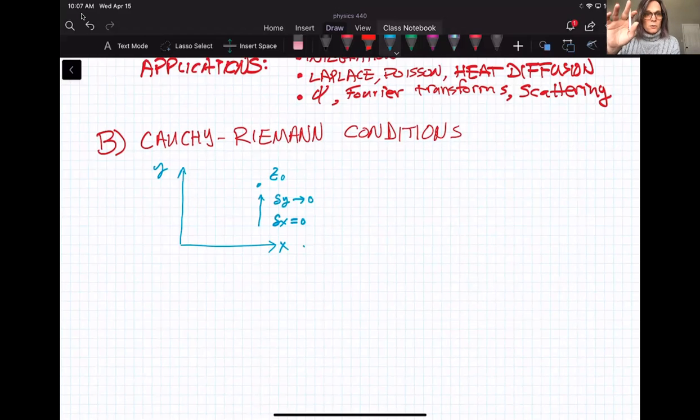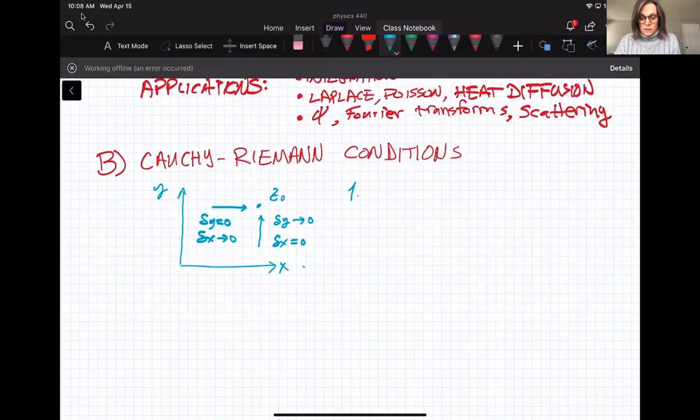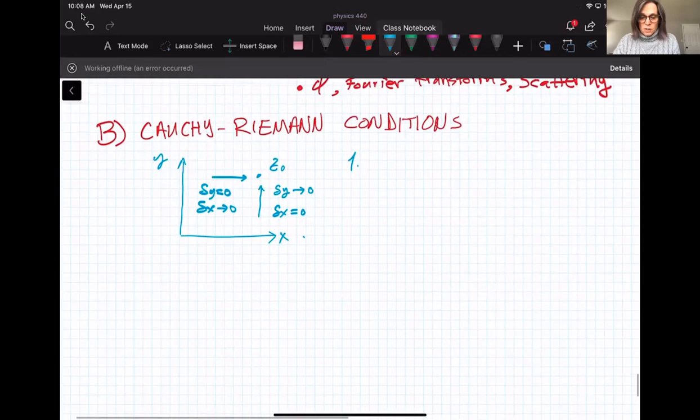That is, we get close to that point as the separation in y approaches 0, or if delta y is equal to 0 and delta x approaches 0. That is essentially a necessary condition for a derivative to exist.